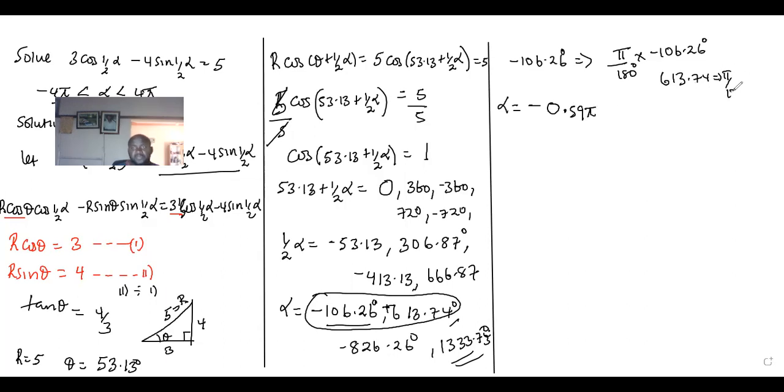Then this other one will be 613.74 divided by 180. What do you get? 3.41. 3.41 pi. So that is our solution set.